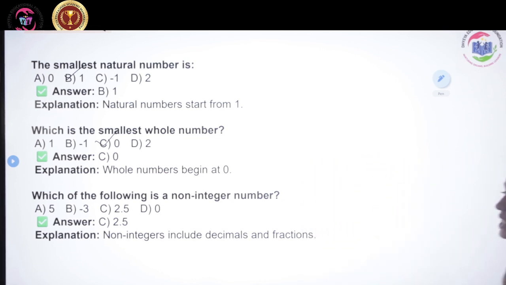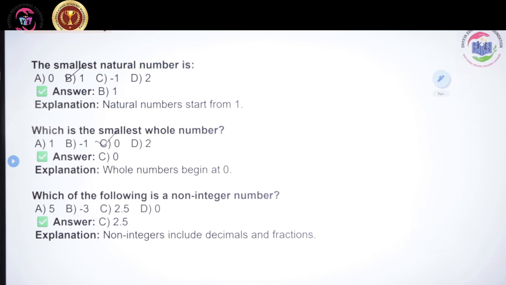Which of the following is a non-integer number? We have to find the non-integer number. Option A 5, B minus 3, C 2.5, D 0. Which one is a non-integer number?